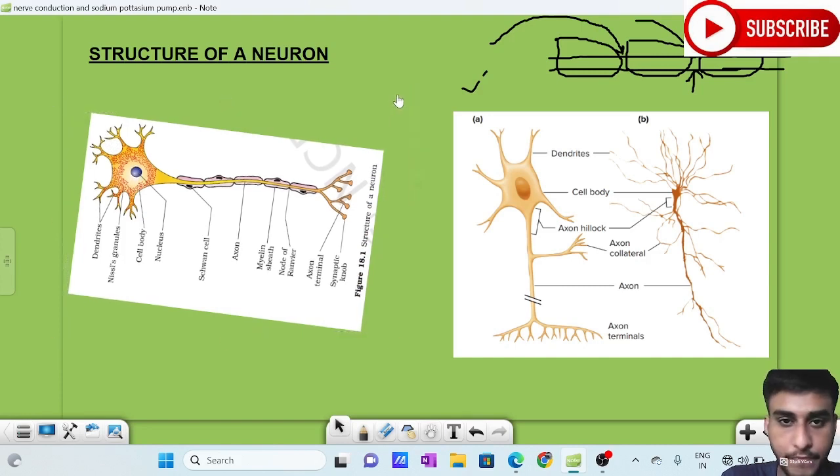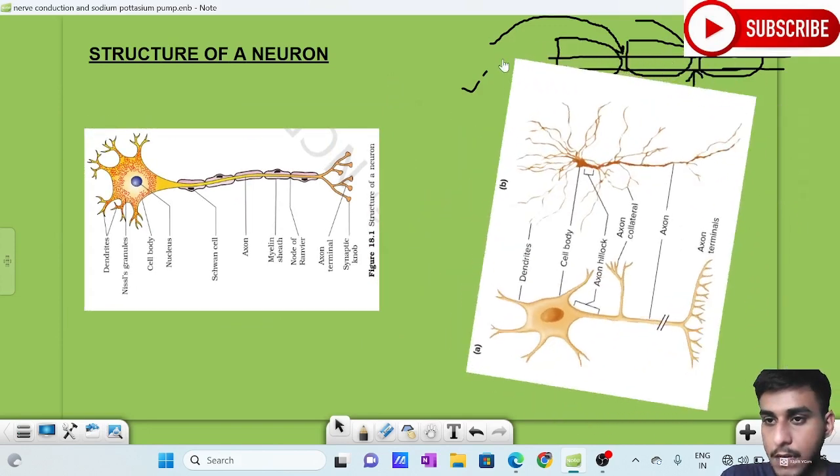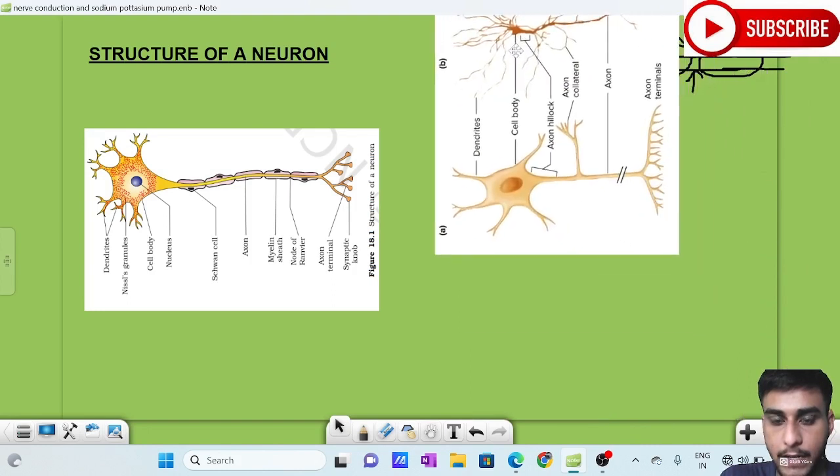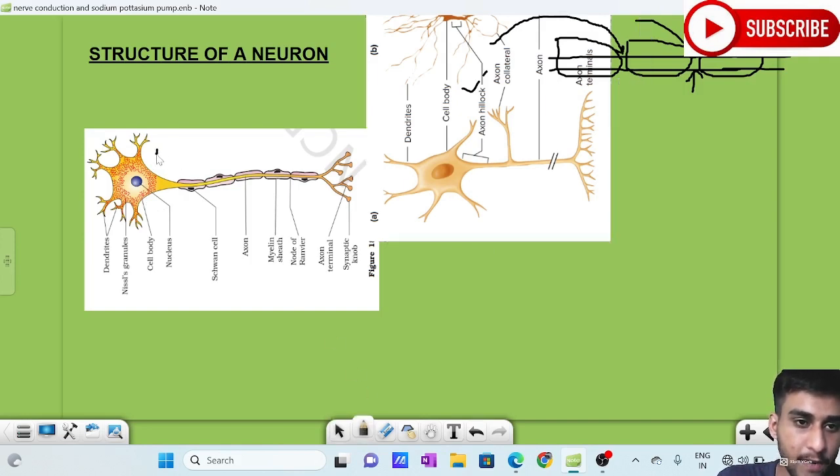Just assume these two neurons have been connected, like a wire, to form an electrical circuit. So consider an electrical signal generated here, flowing from the cell body region to the axon terminus.